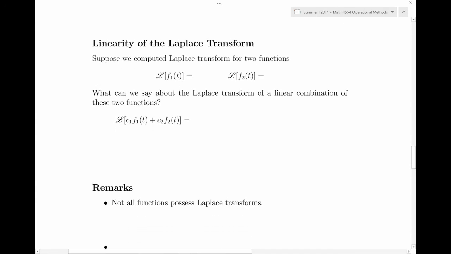of the Laplace transform into smaller bits, just like we do for the derivative. If we need to compute the derivative of a sum, we compute the derivative of each term and then add the derivatives. It's quite true for the Laplace transform as well.